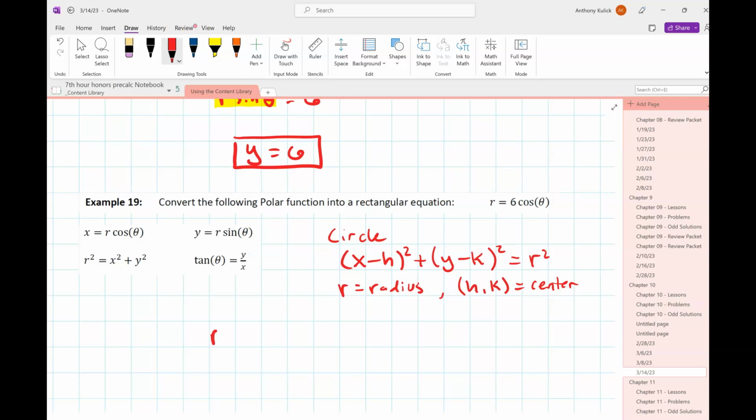So somehow I need to take this and get it to look like that, right? So the first thing I would do is say, okay, well, I'm going to need an r squared to get the x squared plus y squared part. So let's just multiply both sides by r.